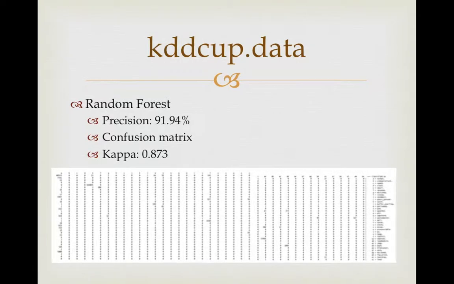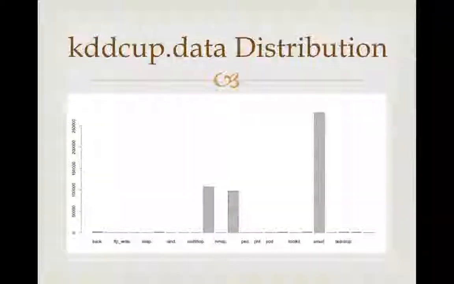Since the decision tree is one method to predict this kind of data, I want to use a more robust method like the random forest to make a more precise prediction. However, I found that the result doesn't increase too much. As you can see, the precision is only 91%, and the kappa and confusion matrix are quite similar.